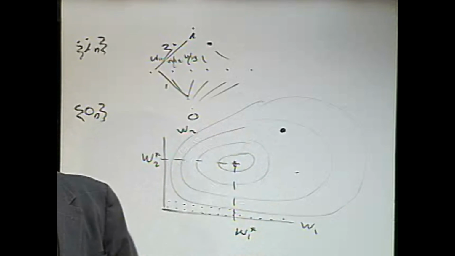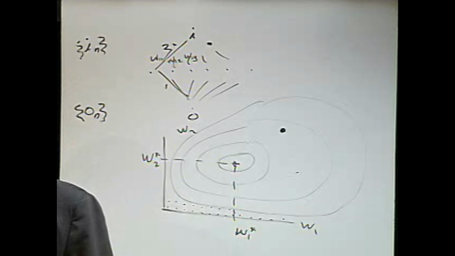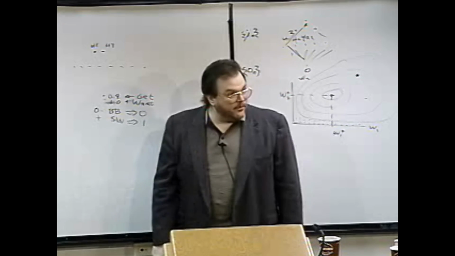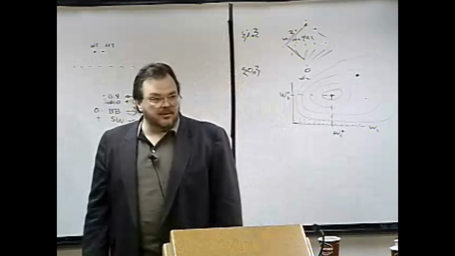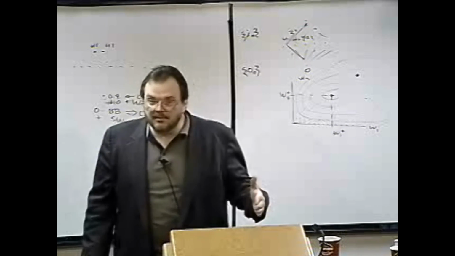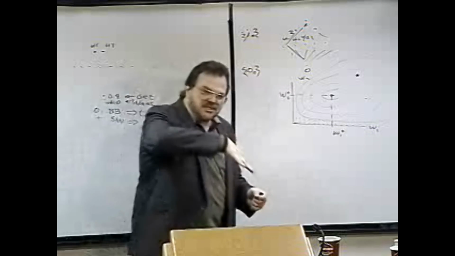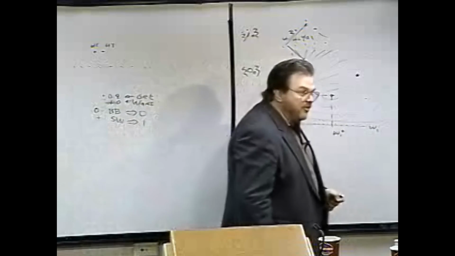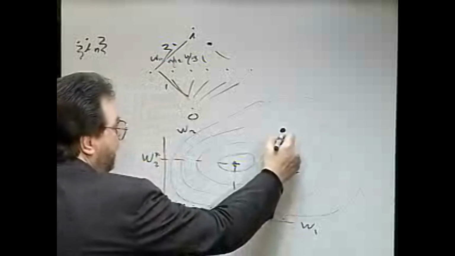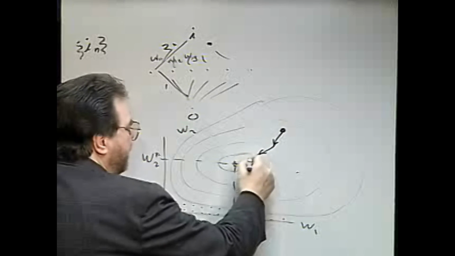One of the things that we can do is look around and see which way we go downhill, and once we see which way we go downhill, we take a step in that direction. If we step downhill, well, we'll be closer at least. So that's the idea of steepest descent. We find out which direction is steepest, and then we take a step there. So we take a step downhill, we take a step downhill, we take a step downhill.